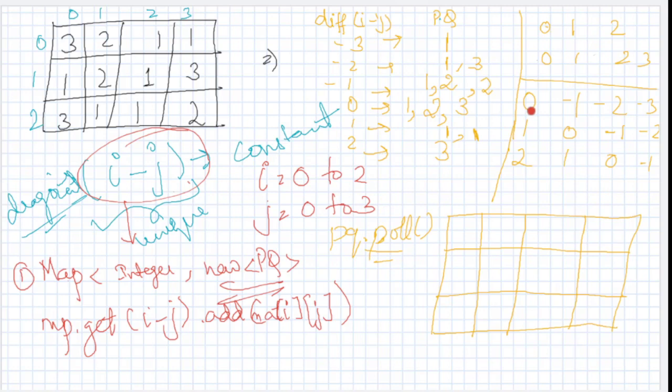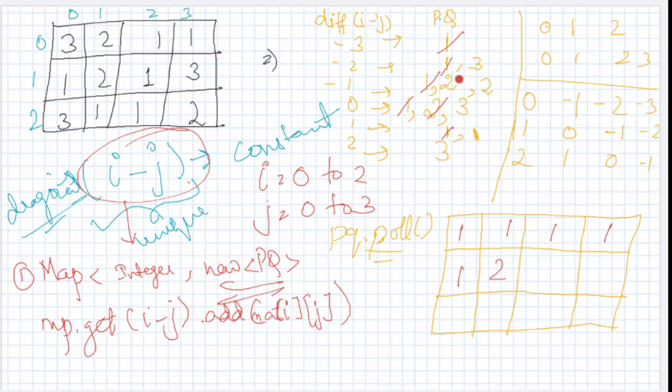So first, talk about 0. Do the poll function. So head is 1, remove it and place it here. Again the minus 1, remove this and place it here. Minus 2, remove this, place it here. Again minus 3, remove it and place it here. 1, so it's 1 again. 0, second one, remove it, place it here.